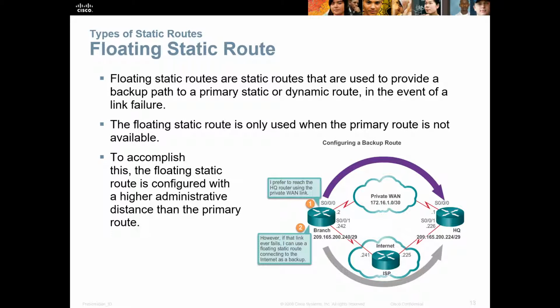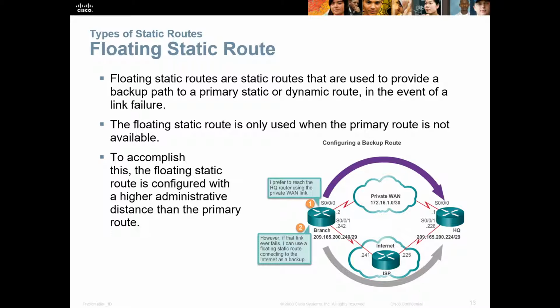So let's go ahead and move on to floating static route points. Floating static routes are static routes used to provide a backup path just in case the primary route goes down. That primary route could be static or dynamic. It's just a way to have a secondary path to choose from. They are typically only used when the primary route is no longer available.